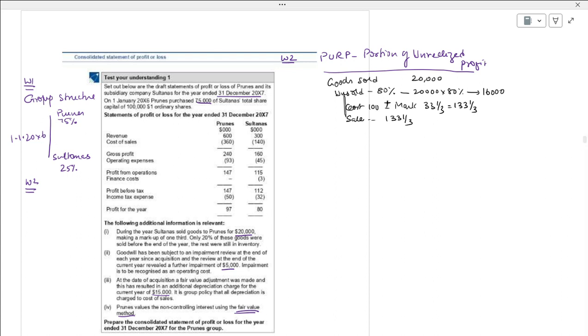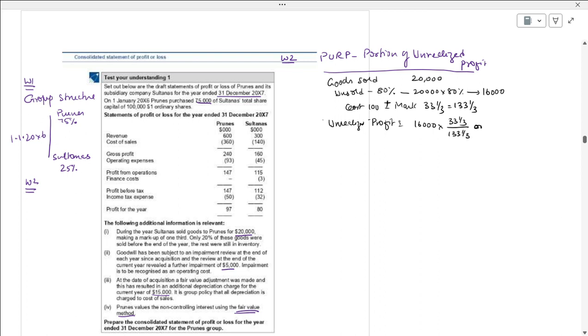If you take into consideration what the profit is, the unrealized profit is 16,000 times 33 1/3 divided by 133 1/3.